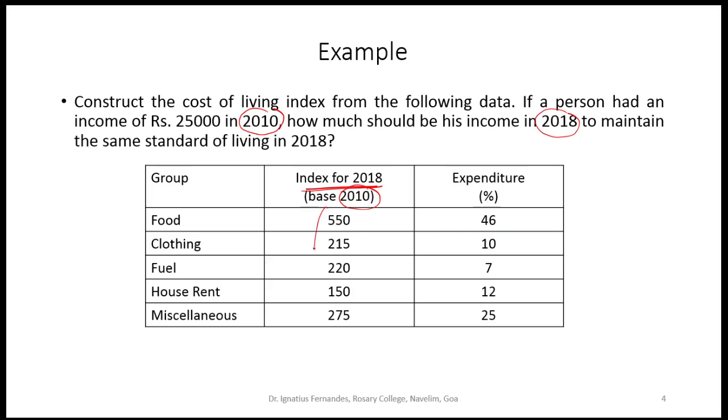And here I have the index numbers for how the prices changed for each of these categories in 2018 with respect to 2010. So these are the index numbers I, and these are the weights. Since the weights and the indices are given to us, we'll be using the second method that we referred to in the previous slide.